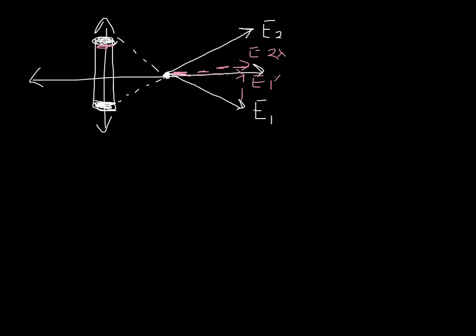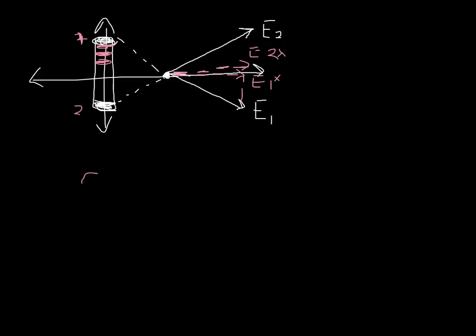Remember, we break this up into multiple little infinitesimally small pieces. So I don't have just this top piece 1 and this bottom piece 2. I have all these pieces in between. So I have an infinite number of little pieces along here, and I want only the x components of those. So I have to turn to some trigonometry to figure this out.